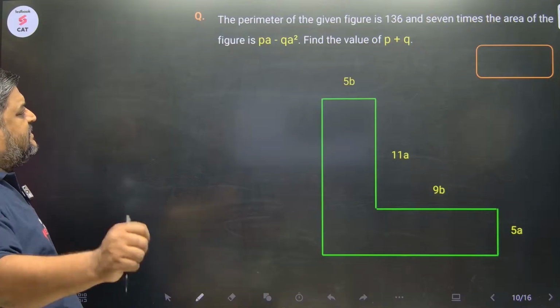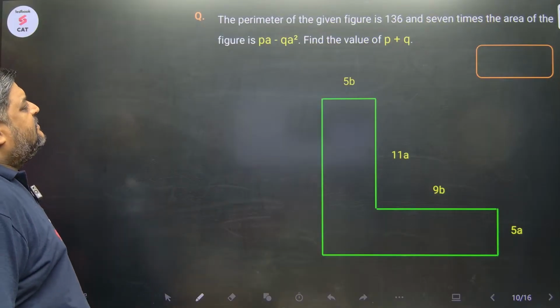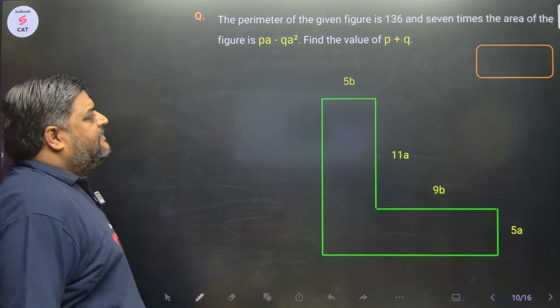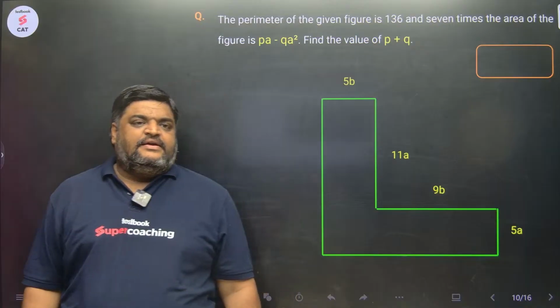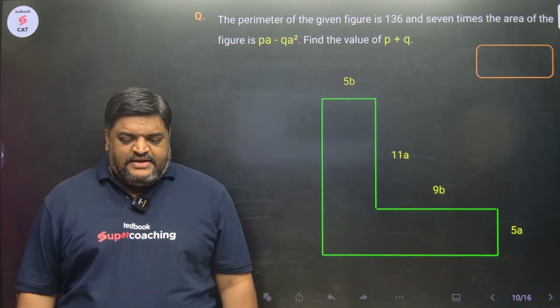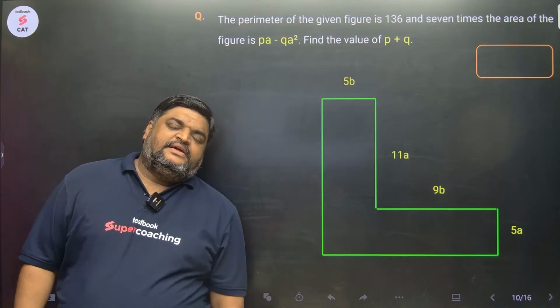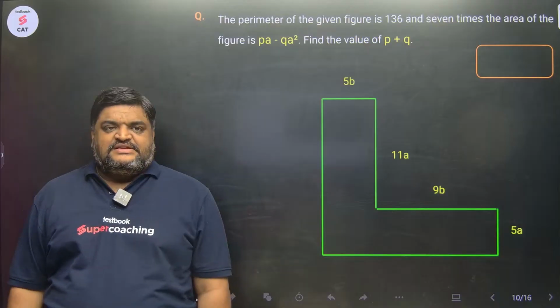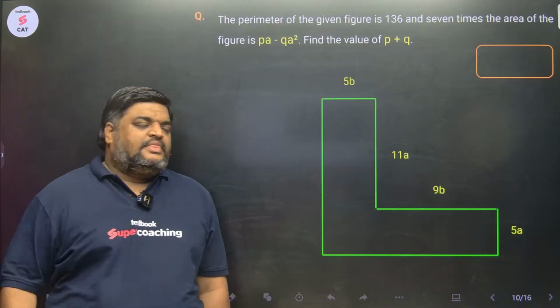Okay, be consistent. That's the key. A less sharp mind but more consistency will always beat sharp mind with less consistency. Be consistent.